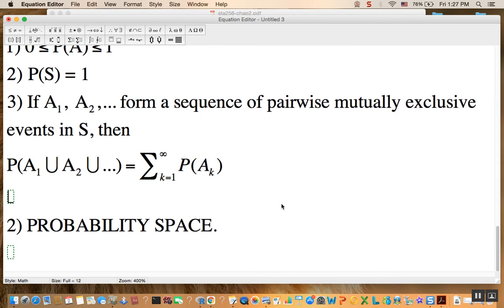In another video we also introduced the sample space, and in a previous video, that was kind of a long one, we introduced the important concept of a Borel field, beta.